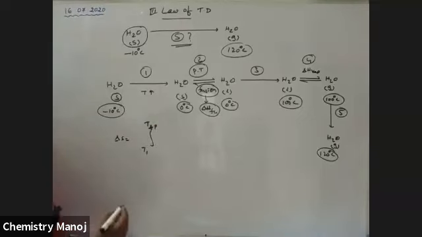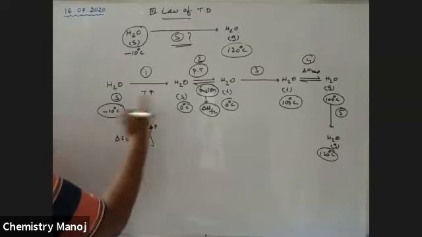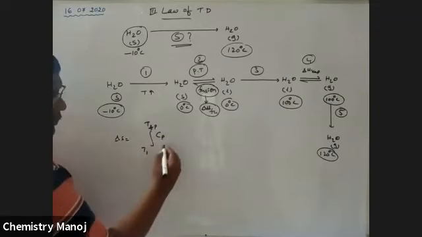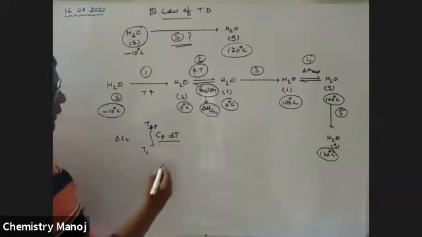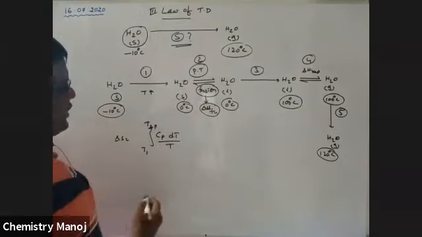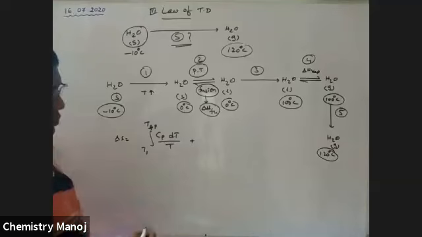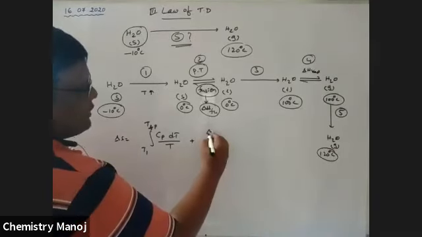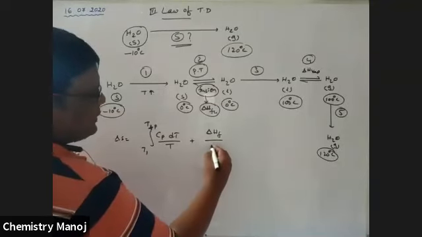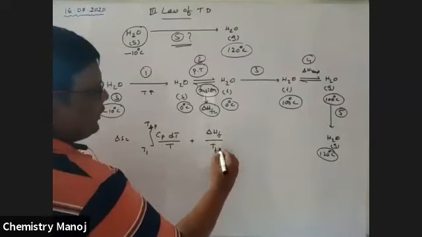For this conversion, the solid, we use Cp dT by T. It is the formula for this purpose. Plus here fusion takes place, delta H fusion by T freezing point.